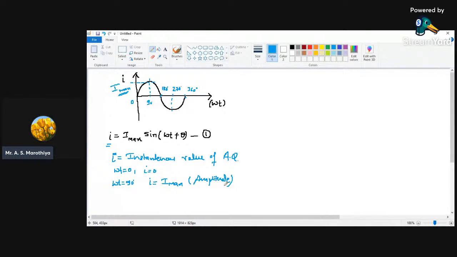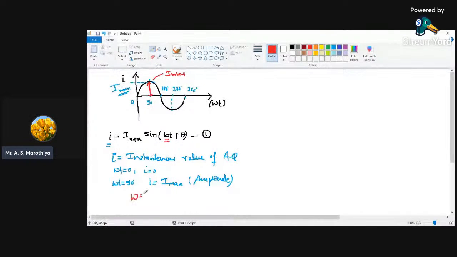In the same way, suppose we need to indicate what is the frequency of this alternating quantity, how to define that. So let me indicate first, this indicates the amplitude. This is your I max. Then this omega, what is the meaning of this omega?